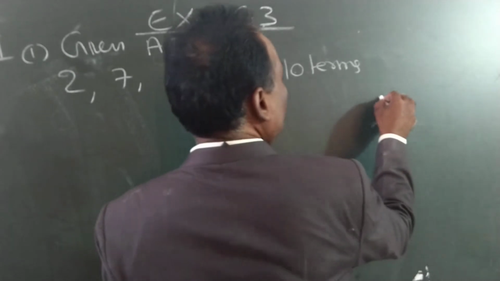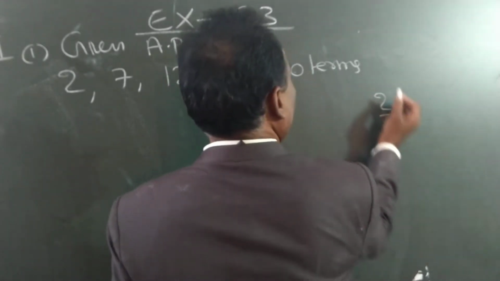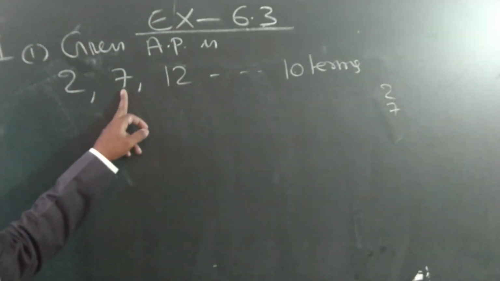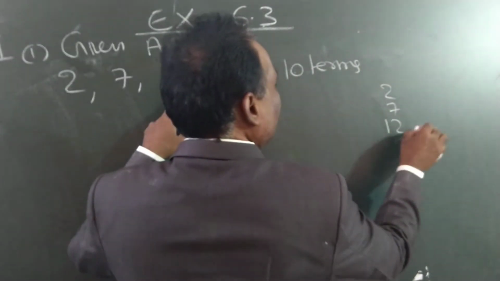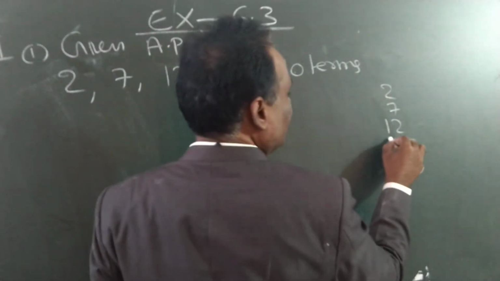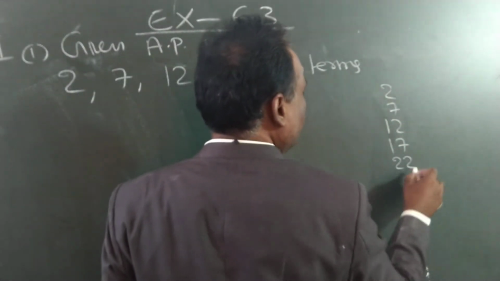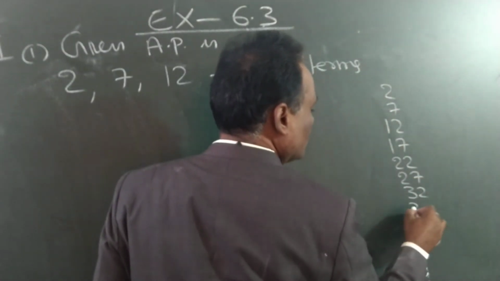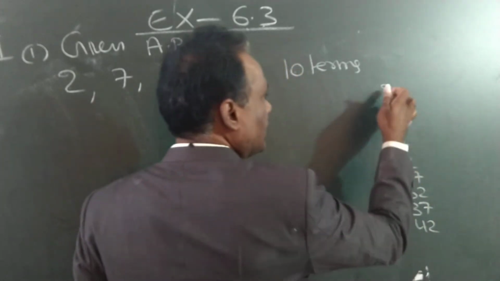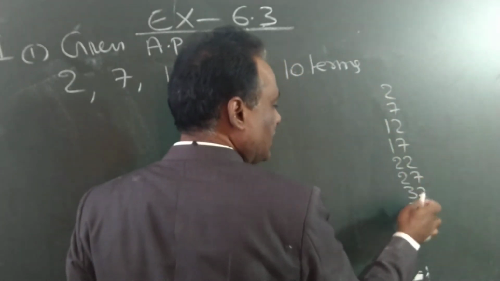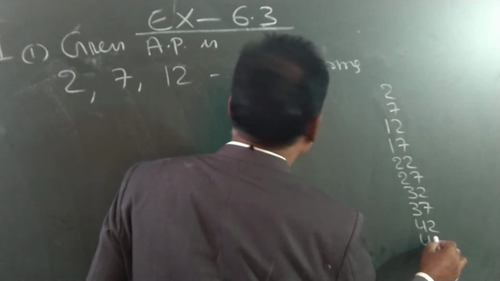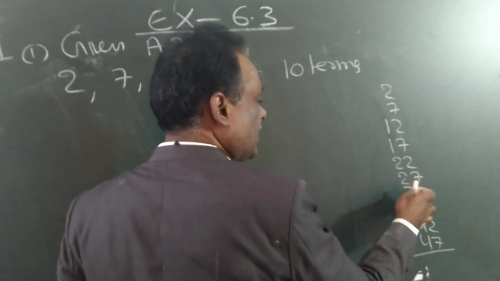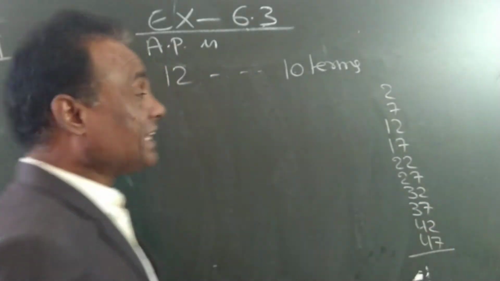The difference is 5. 7 plus 5 is 12. Next, with a difference of 5, is 17, then 22, 27, 32, 37, 42, 47. Counting 1, 2, 3, up to 10, we have 10 terms of this AP.